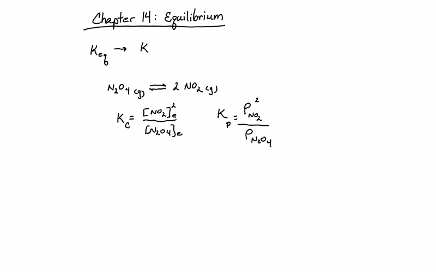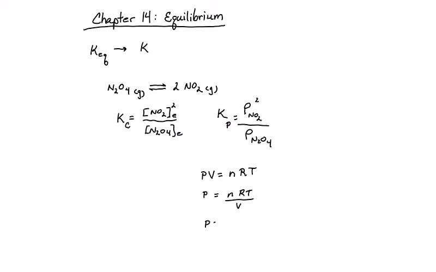We know that pressure times volume equals the number of moles times the gas constant times temperature. Now, if we divide both sides by volume, we get pressure equals the number of moles times RT divided by volume. And we can express this a little bit differently.